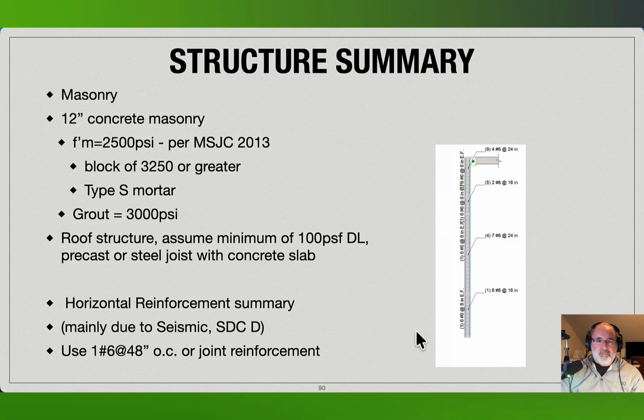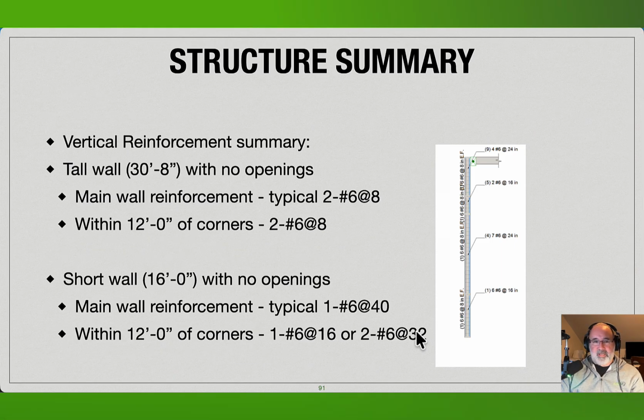So the overall final design, we had 12-inch concrete masonry and f'm of 2,500. Design-wise, we used Type S mortar, grout of 3,000. You can see that we had reinforcement that was pretty significant around much of the building. We had one number 6 at 48 inches on center for horizontal reinforcement that we used for the design.